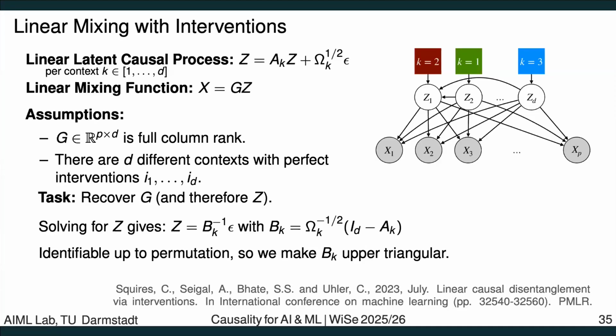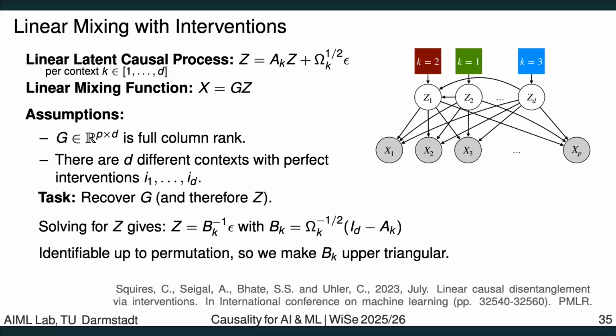And in this paper, they assume that we have different contexts, and it should start at 0 actually. In every one of those contexts, I have a perfect intervention on one of my latent variables.